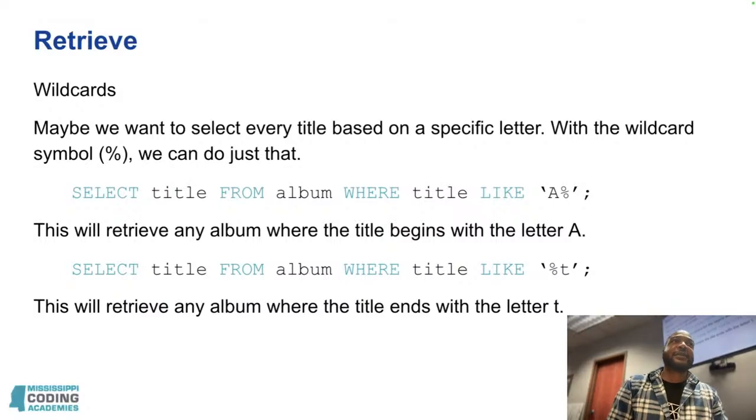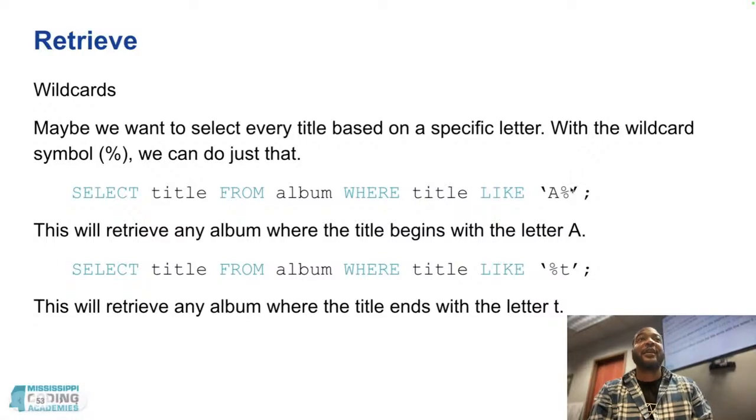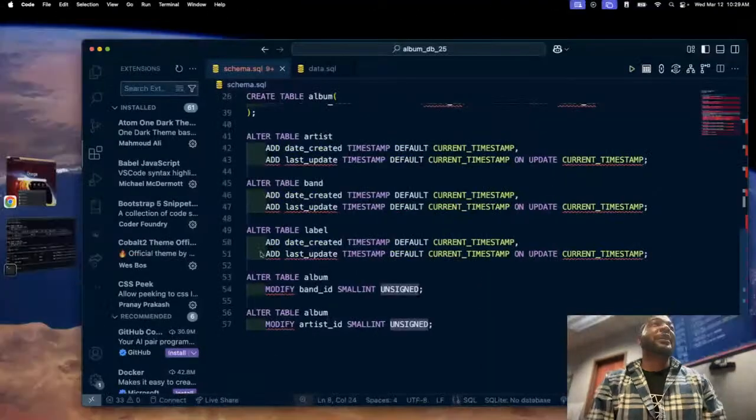Okay, so let's use this example. Select title from album where title, and then we have the like keyword. So select title from album where title is like, and then here we have the A and then percent symbol. So let's do that.